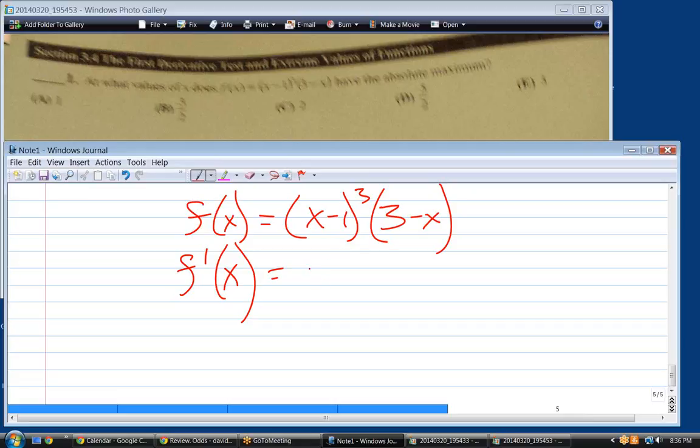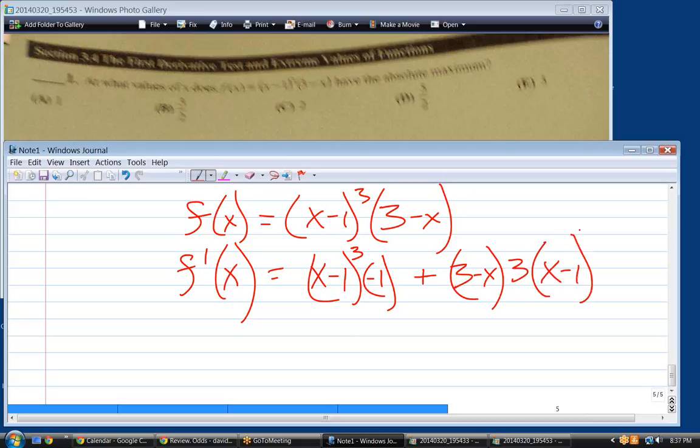The first is (x minus 1) cubed, times the derivative of the second, which is negative 1, plus the second times the derivative of the first. The first would be chain rule, 3 times (x minus 1) squared, and then times 1.